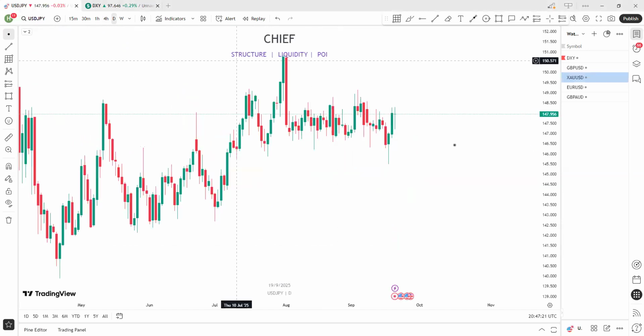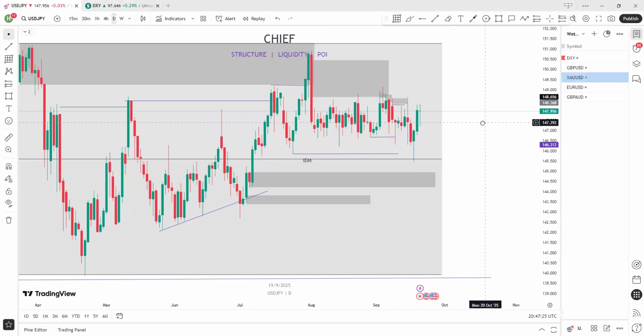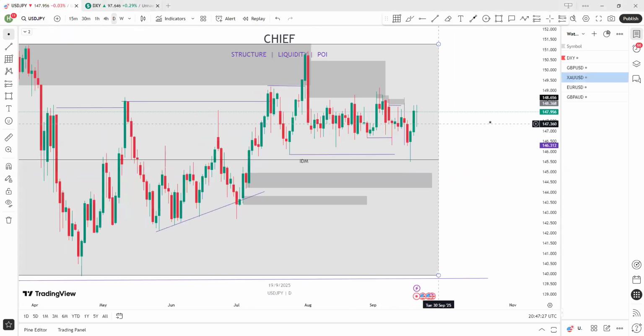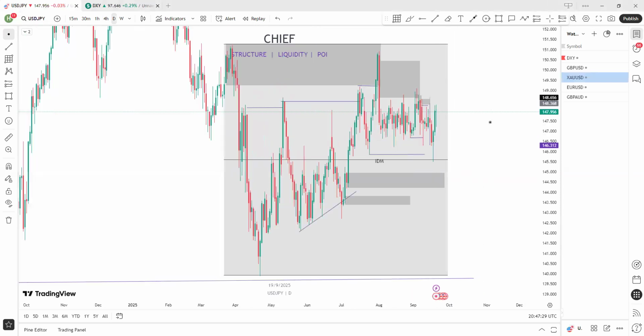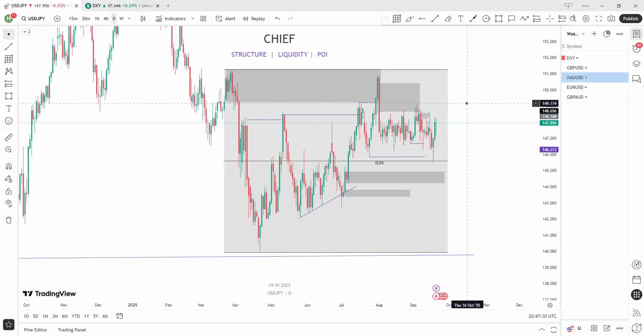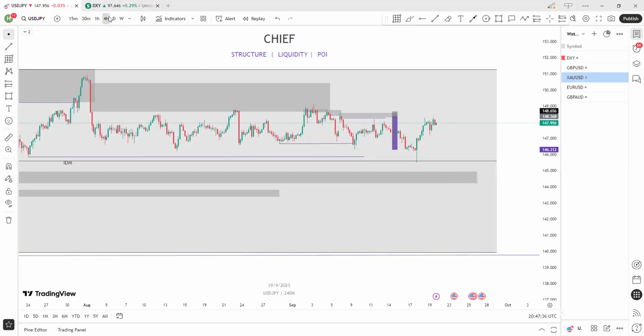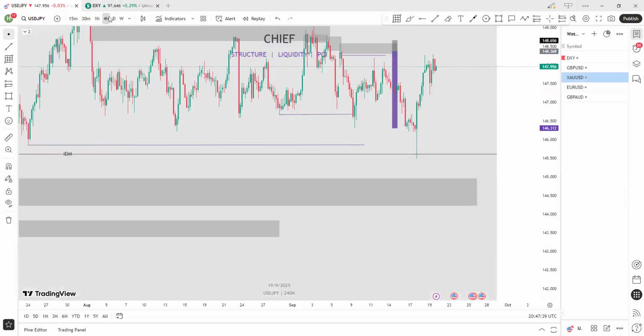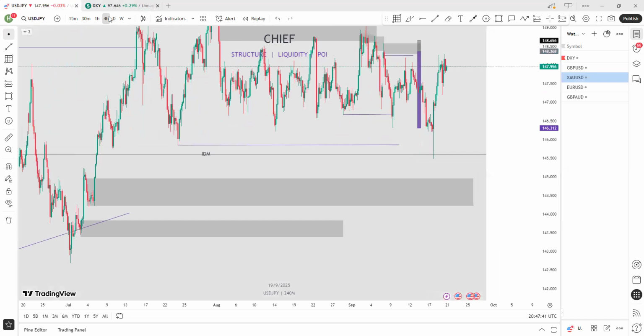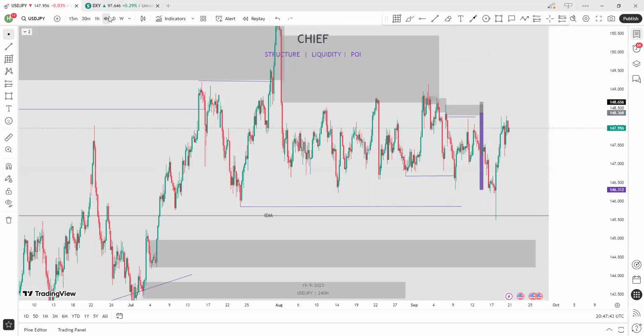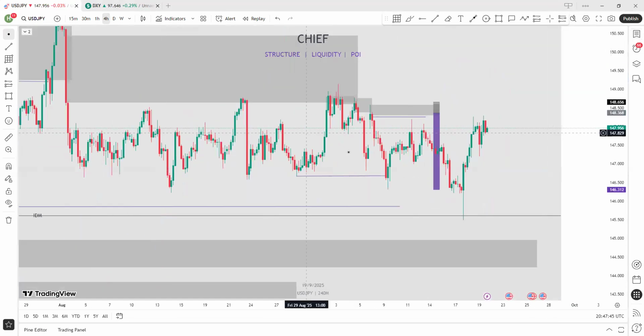Take a look at this one now. You can see it is not giving us a clear POI like that one. I've labeled a lot of stuff. So there can be exceptions in some of them. But let's check it also. Okay, I have a setup here. I think I even sent this one to the academy.